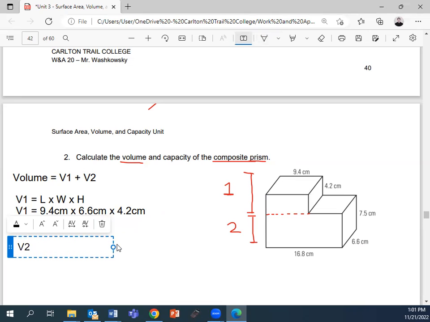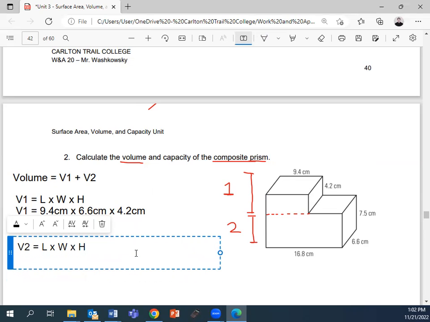Next, I figure out the volume of shape 2, which is V2. So in this case, because it's a rectangular prism, I do my length times my width times height. You notice how I'm writing down the formula, right? That helps you memorize it if you do it that way. So my length in this case is 9.4 times 6.6.